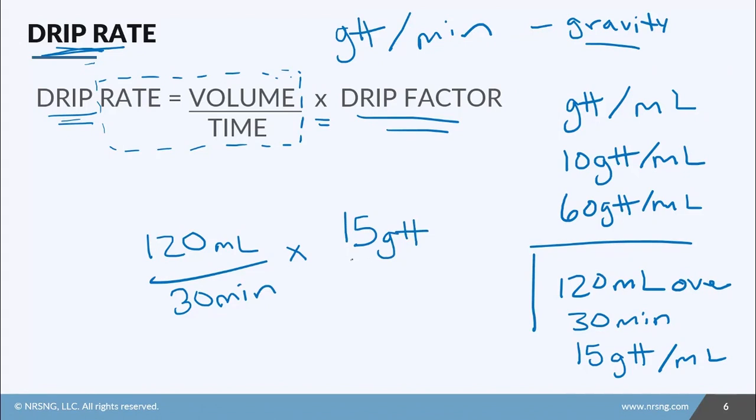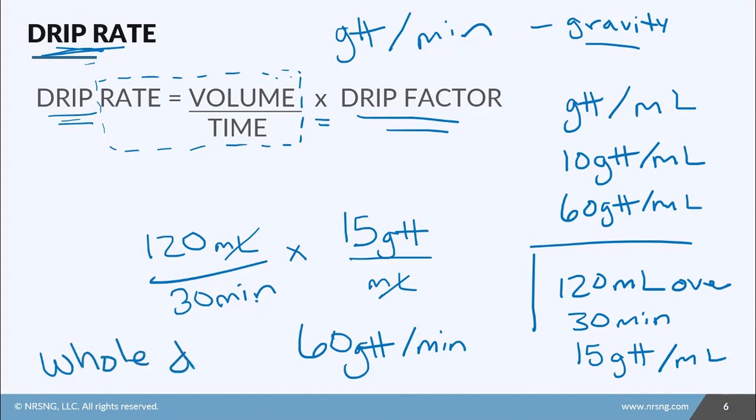Okay, now this is 15 drops per mil. So you can see if we cancel out our milliliters, we have drops per minute. When you multiply this out, you end up with 60 drops per minute. One thing to know with drops is always round to the nearest whole drop because you can't do a quarter of a drop.